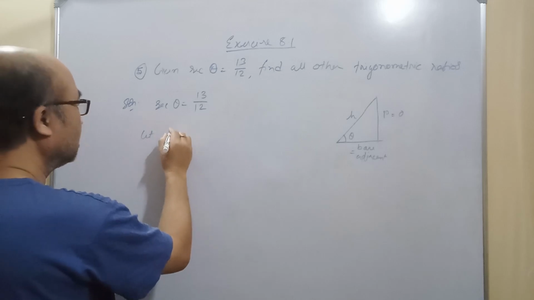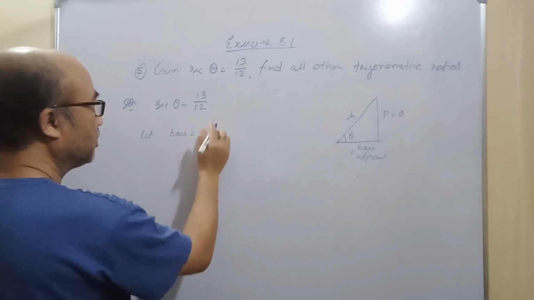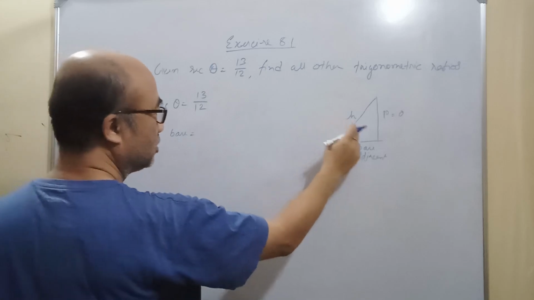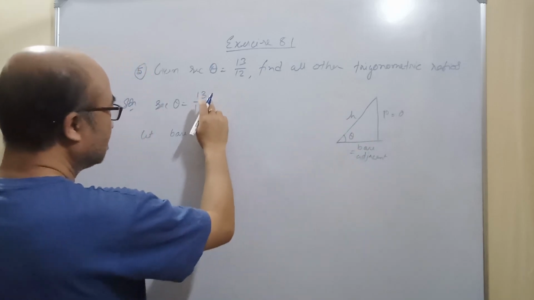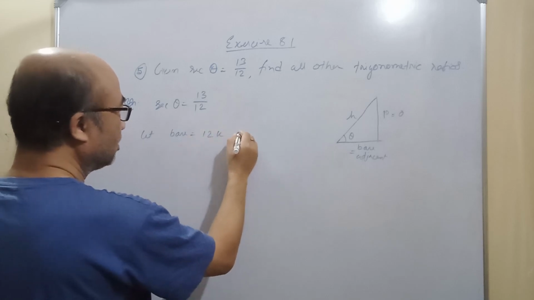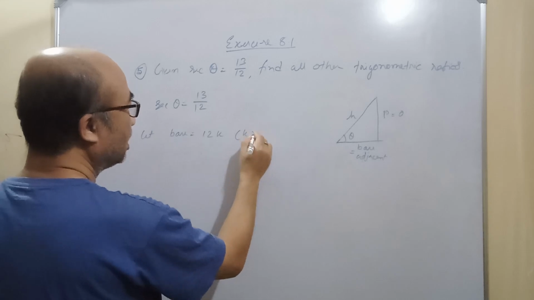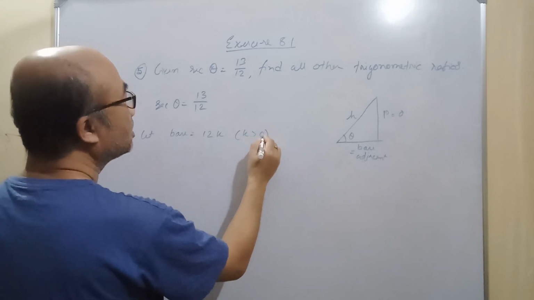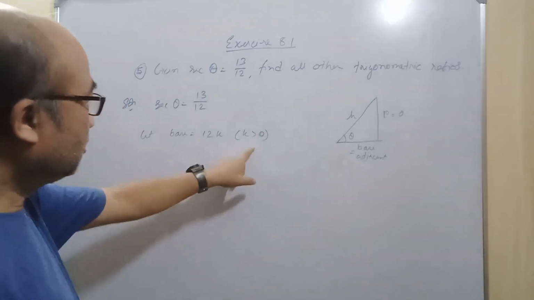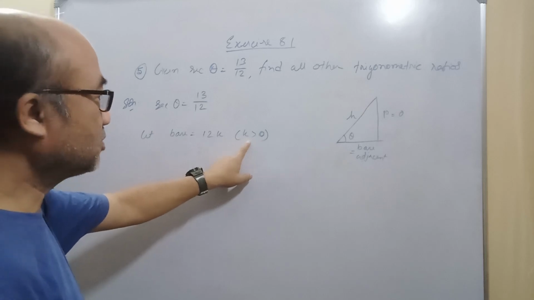So hypotenuse by base is 13 by 12. So we can take base as 12k, where k is any positive number. I told you the logic of multiplying by k in the previous problem.